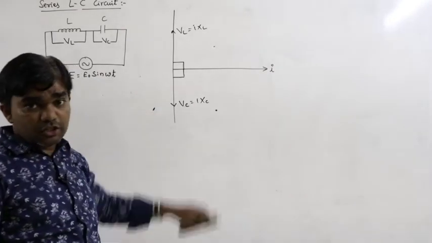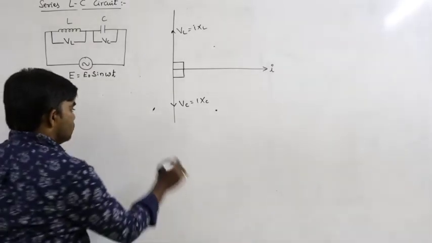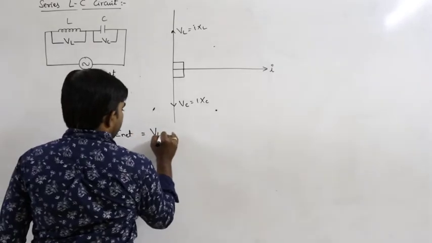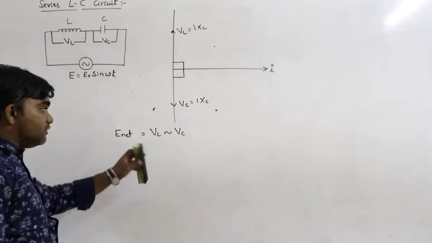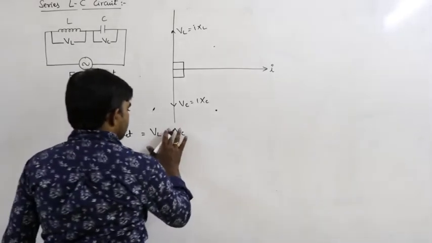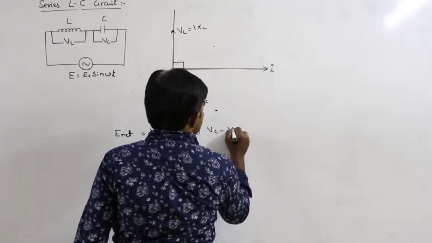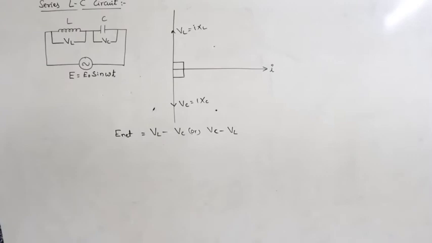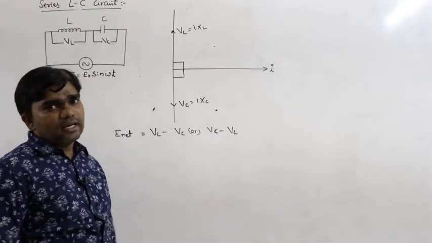Both are in opposite direction. So net potential has to be equal to VL minus VC, or VC minus VL. Potential across capacitor minus potential across inductor, or potential across inductor minus potential across capacitor.